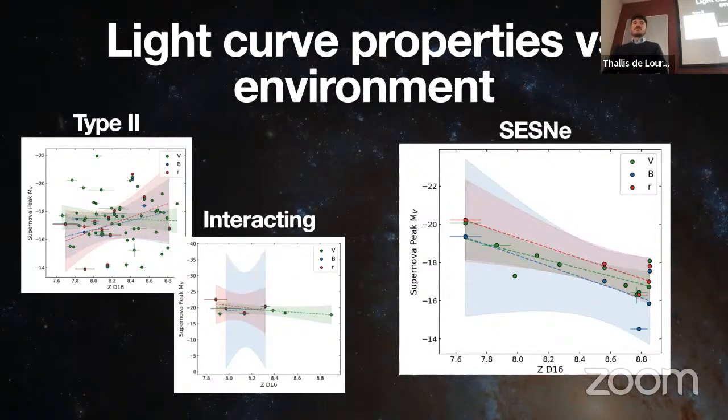About the regions, did you identify the regions in the galaxy? No, this was a code, the IFU analysis code. So you use this code that separates the regions in the galaxy.